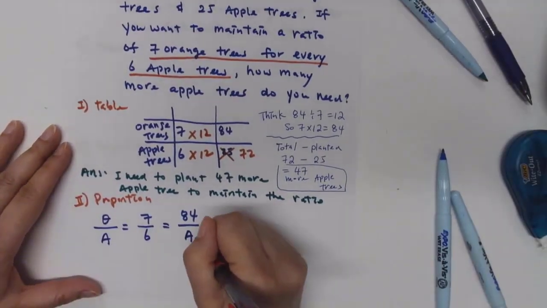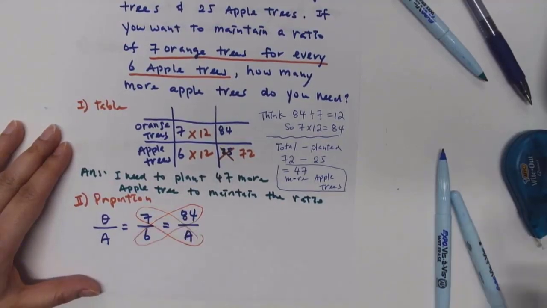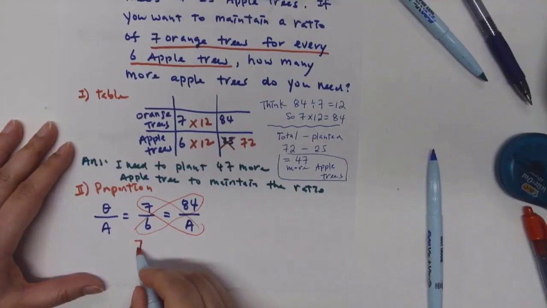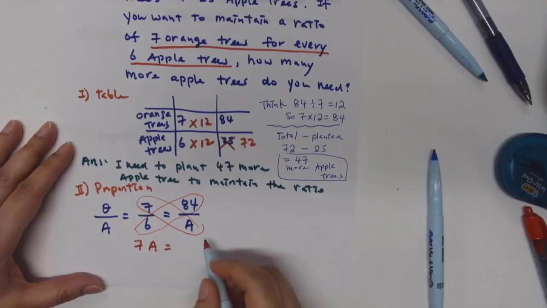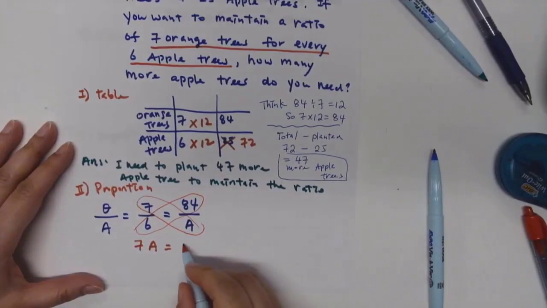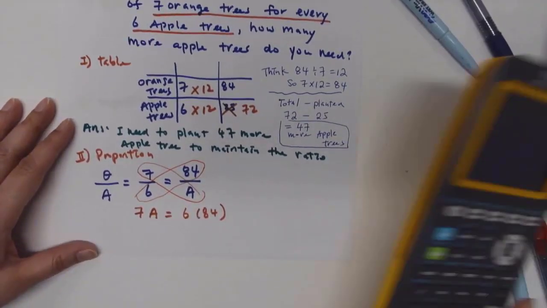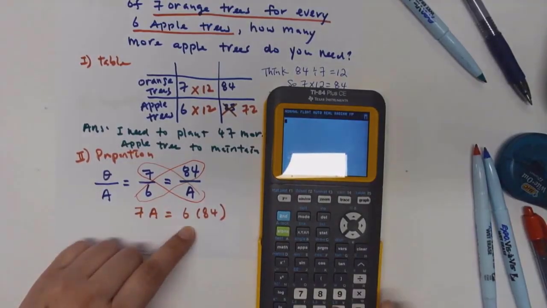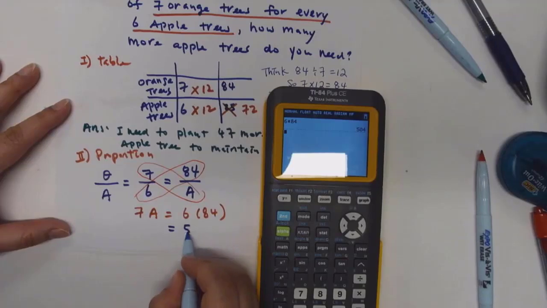And last time we told you that you can cross multiply if you want to, or you can try to get rid of the denominator. It's pretty much the same process, but you will have 7 times a equal to 84 times 6, or 6 times 84. The order doesn't really matter. So I'm going to need to multiply 6 times 84, which is 504 on this side.